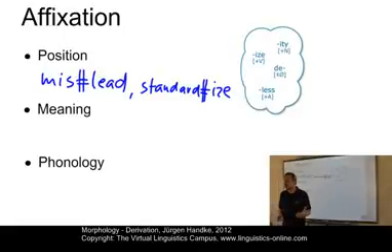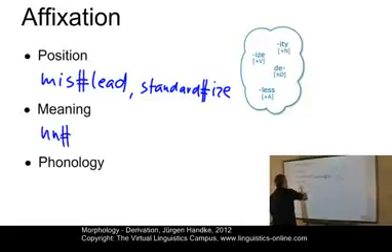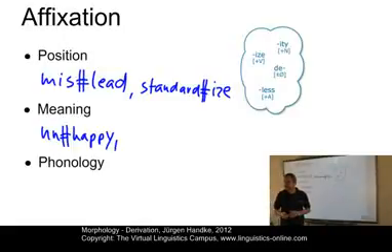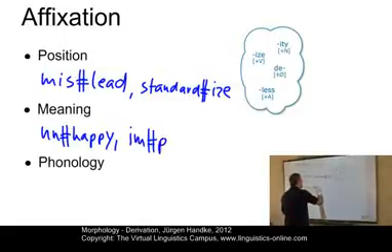On the other hand, we can group affixes concerning their meaning. Let's look at negative affixes as an example. For example, we can have something like unhappy. Other realizations of negative prefixations are things like impossible.